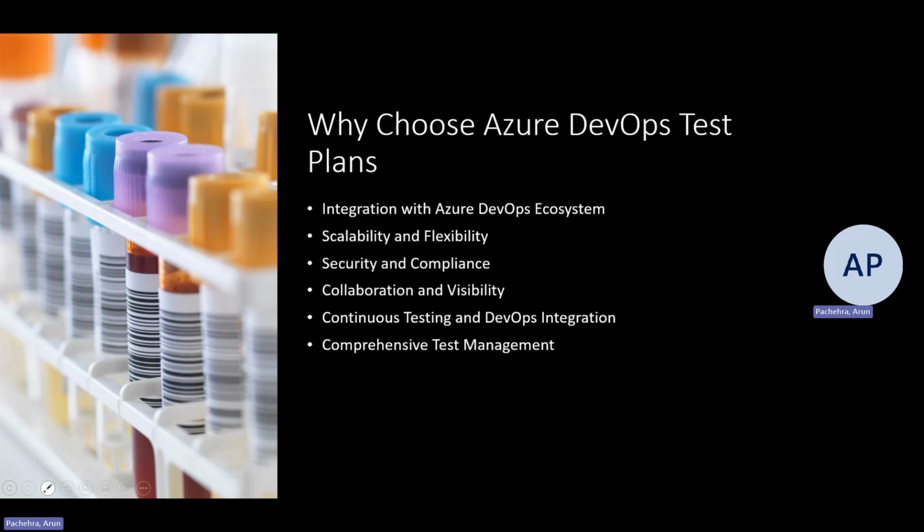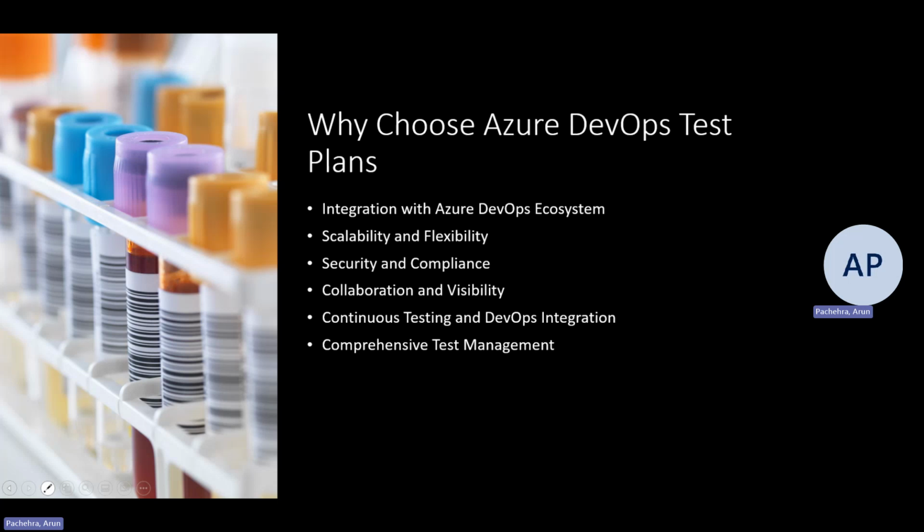It facilitates continuous testing as part of the DevOps pipeline, enabling teams to detect and resolve issues early in the development cycle. So what it does, continuous testing and DevOps integration, another wonderful feature to opt for it.